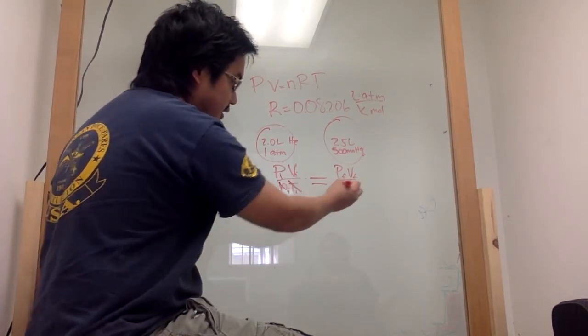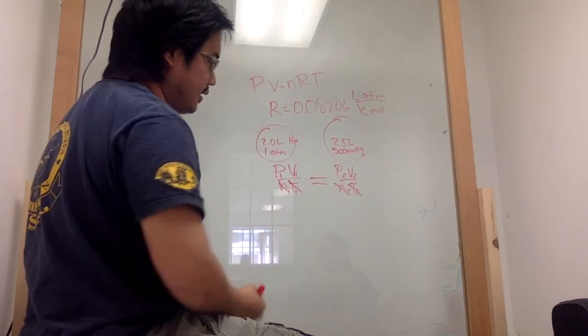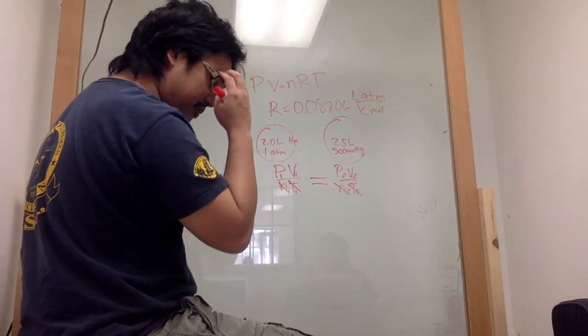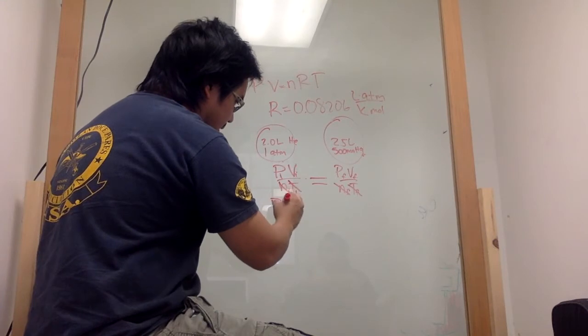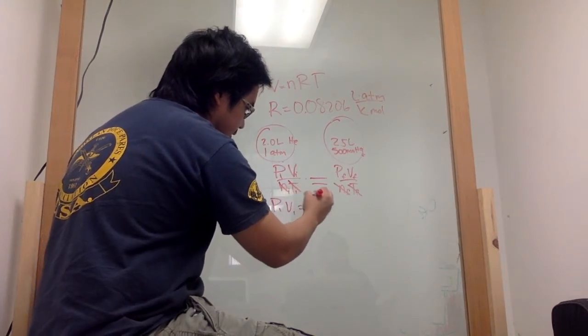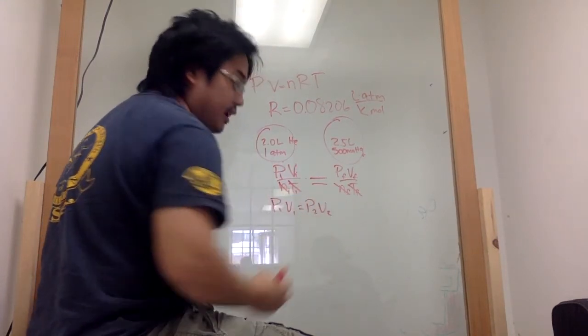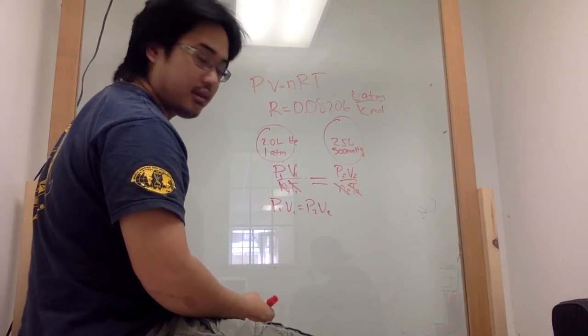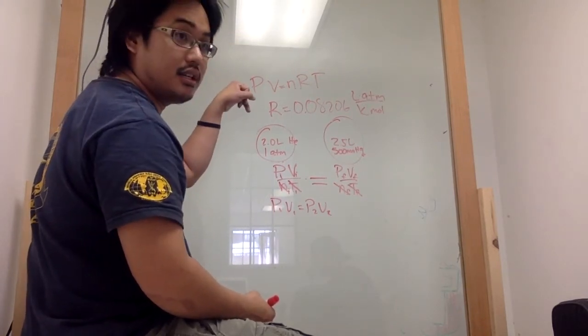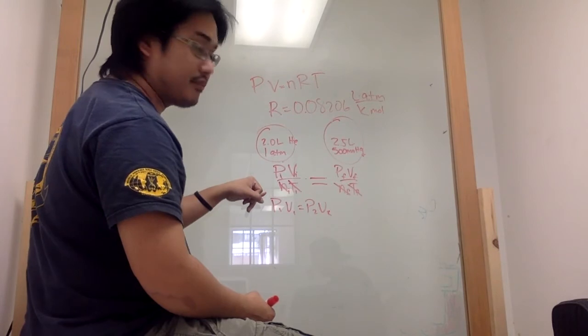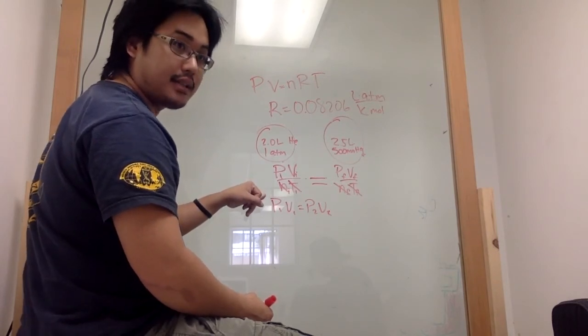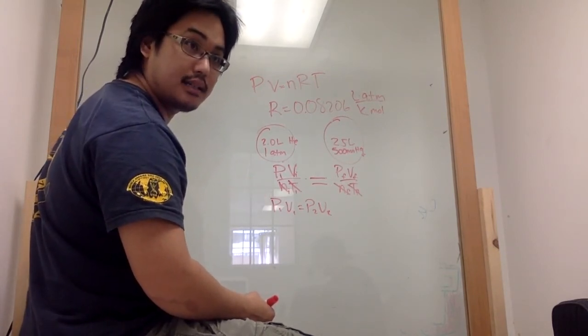And if T initial is equal to T final, I can cancel those out. Look, this was called Boyle's law: P1 V1 equals P2 V2. I don't expect you to memorize Boyle's law. I expect you to memorize PV equals nRT and understand that Boyle's law just comes from that. Does that make sense?